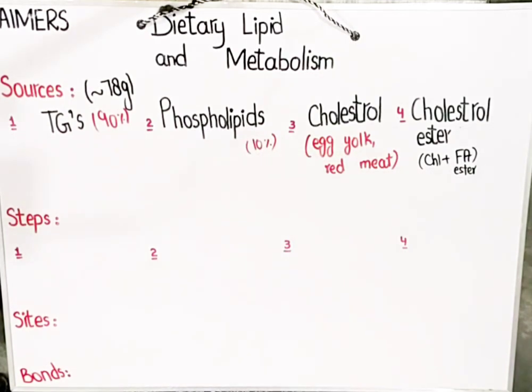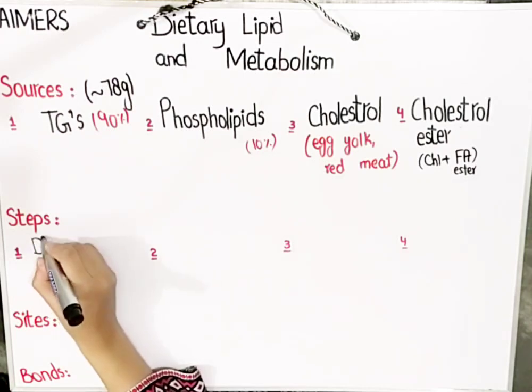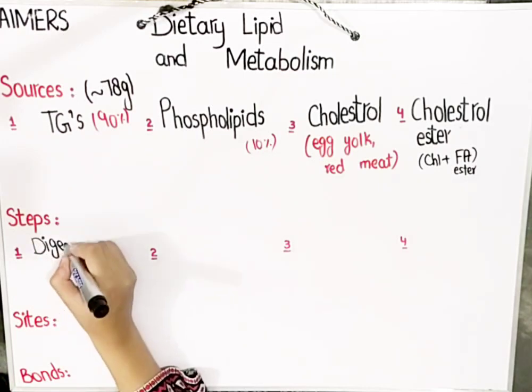Okay, now what are the steps of lipid metabolism? Firstly, we are going to study how we take lipids and how these lipids are metabolized in our body. The first step in metabolism is digestion. Of course, we take the lipids and the first step is that the lipids get digested in our body.